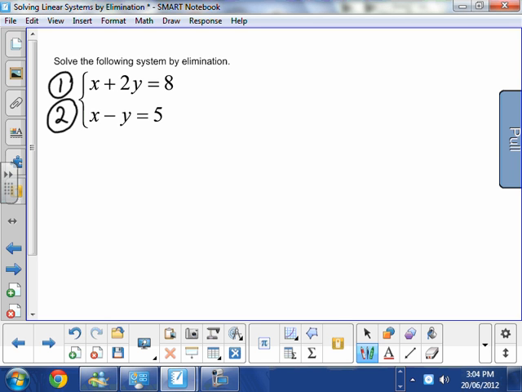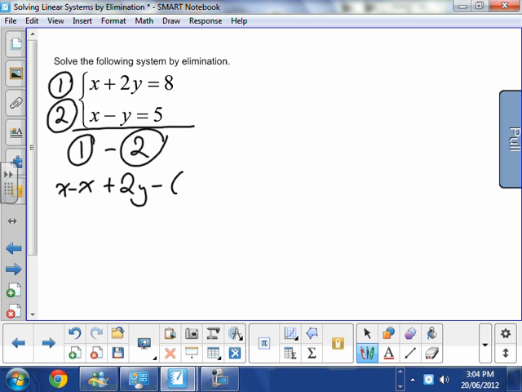So if I subtract 1 minus 2, that means I'm subtracting the second equation from the first one, I simply follow the subtraction step by step. So x minus x is 0x, right? 2y minus negative y. Okay. And 8 minus 5.